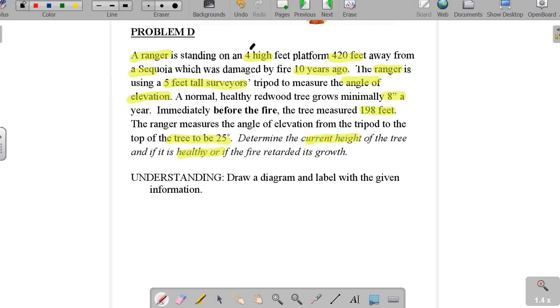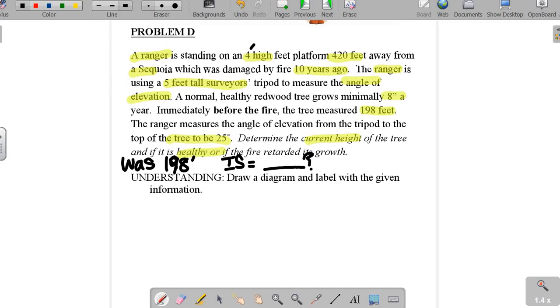Keep in mind there's actually 3 heights involved here. There is the tree's was height, and that is 198 feet. There is an is height, a current height that you are going to calculate.